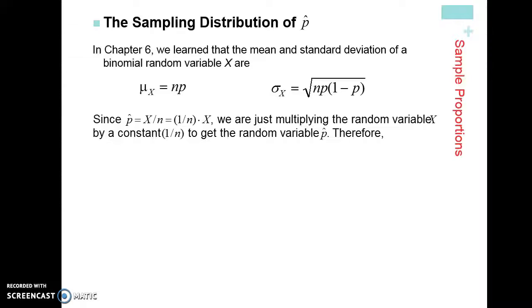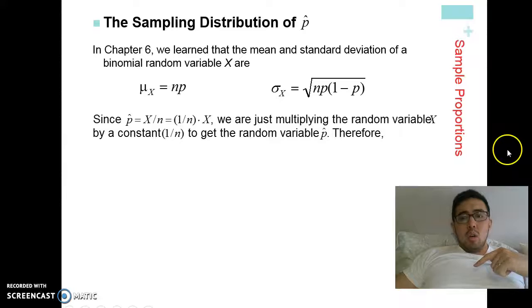These scenarios are actually binomial if you think about it, right? Success or failure, they're independent with the caveat of the 10% rule. So we have to check the 10% rule here. Okay? Remember, we don't really care if a scenario is not binomial, as long as the 10% rule holds, because technically it's still okay.